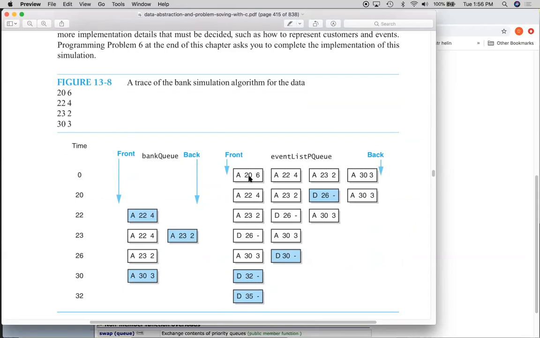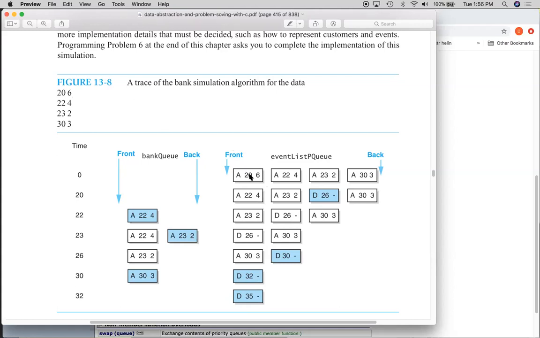There's an arrival at time 20 that's going to take 6 minutes. There's an arrival at time 22 that's going to take 4 minutes. There's an arrival at time 23 that's going to take 2 minutes. And there's an arrival at time 30 that's going to take 3 minutes. The first step in our process is just reading the input file and putting those elements into a priority queue.